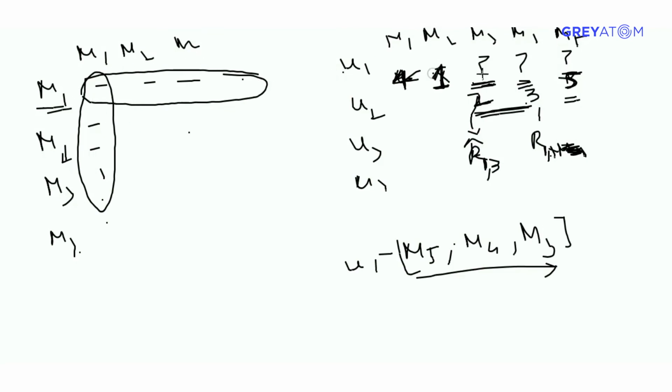Now for every user, say we have to predict for user U1, who has watched movie M1. You see that he has interacted with M1, and you see what the most similar movies to M1 are.